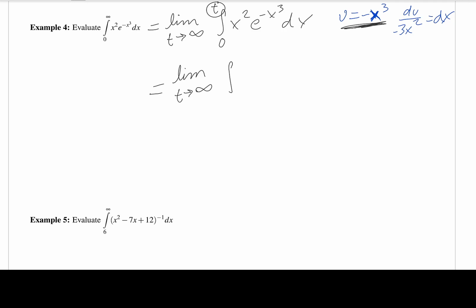So this is going to become negative t cubed, and this will be negative 0 cubed, which is just 0. I'll write this a little bit better. We should have x squared e to the u over negative 3x squared du.